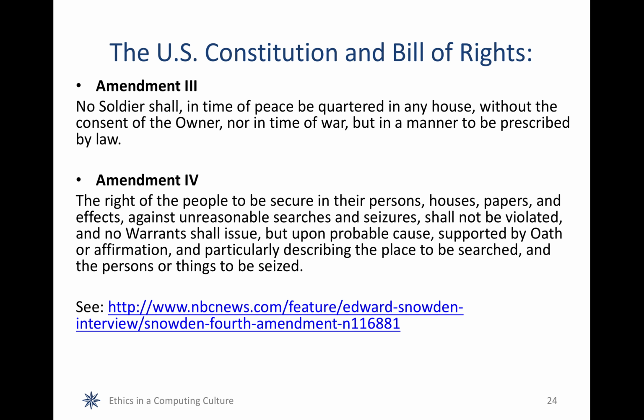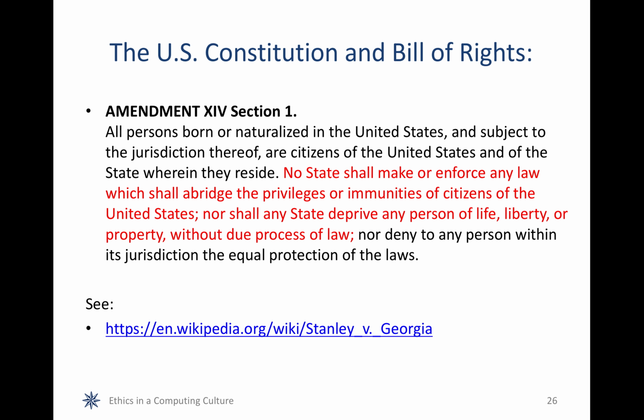The 14th Amendment says under Section 1 that no state shall make or enforce any law which shall abridge the privileges or immunities of citizens of the U.S., nor shall any state deprive any person of life, liberty, or property without due process of law.